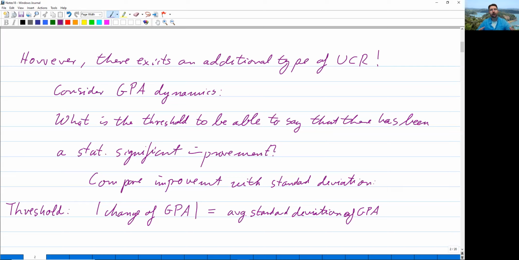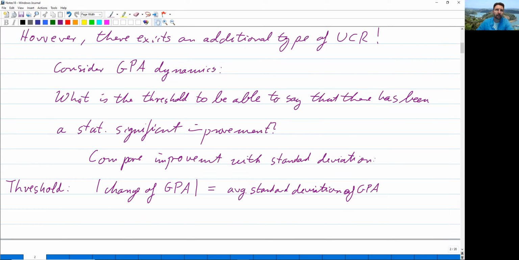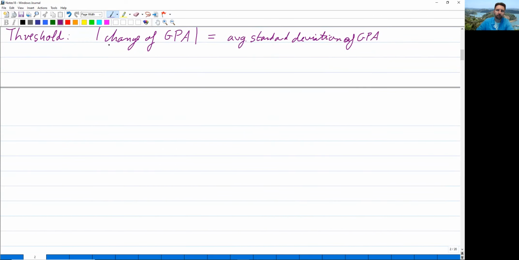Remember that if you have a Gaussian distribution of some random variable, then 68%, which is more than half of all the values of that random variable, are going to be within one standard deviation of the mean. So it's statistically significant in that sense if you're outside the interval of one standard deviation. So let's adopt that criterion and let's put this now into a mathematical form.